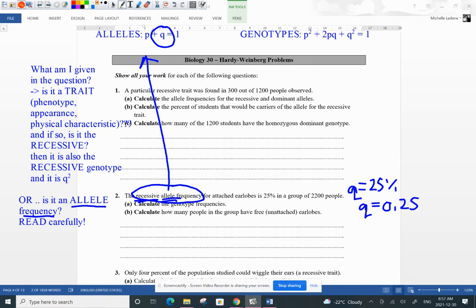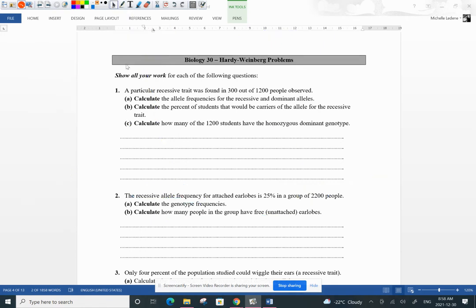And again, this is a how-many-people question. Well, they've given you the population size. So once you find how many have the free or unattached earlobes, then you multiply it by the number of people in the population. Okay, so allele frequency is different than recessive trait.